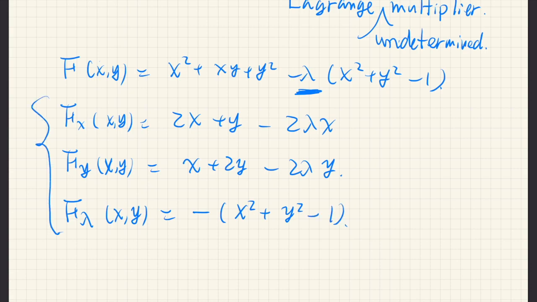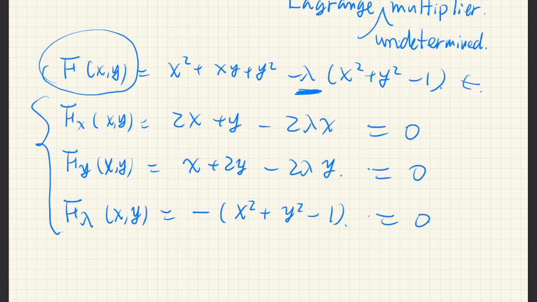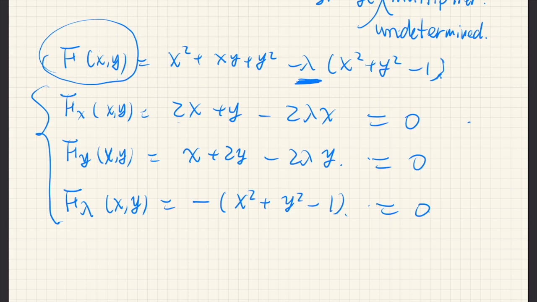So we pretend to find the extreme values of this function. Since there are three variables, x and y and lambda, we differentiate this. So if this function takes an extreme value, then all these derivatives should be equal to 0. Let's solve these. Let's label this as 1, 2, 3.